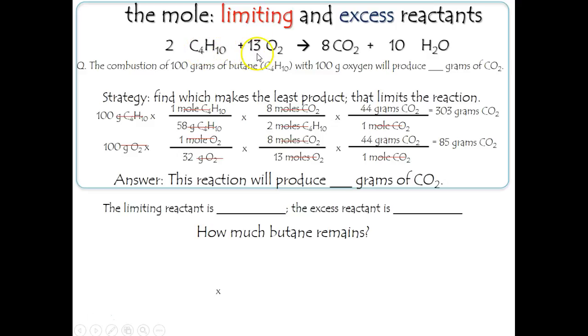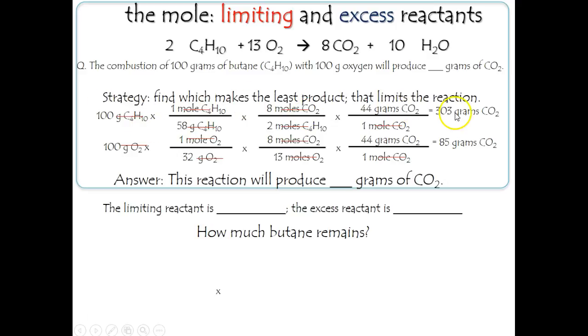That's over 332, close to 400 grams, I should say, of oxygen. So we need way more oxygen than we do of butane. We only have 100 of each. Clearly, oxygen is the limiting reactant, so you'll go ahead and skip this entire process here.